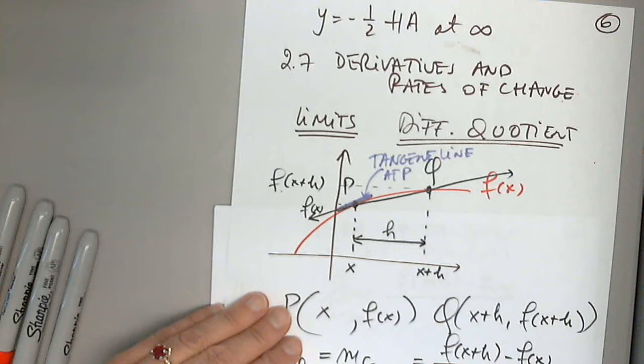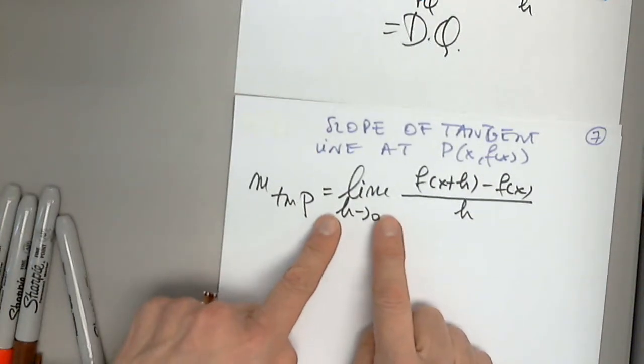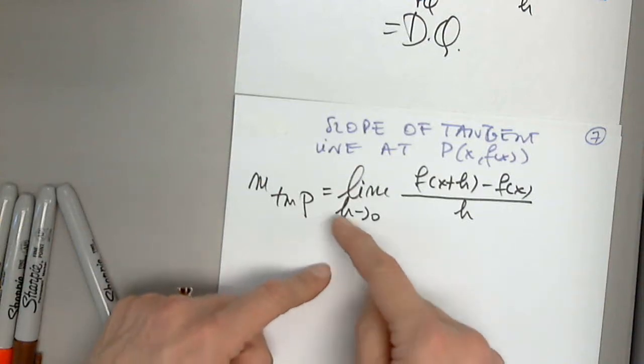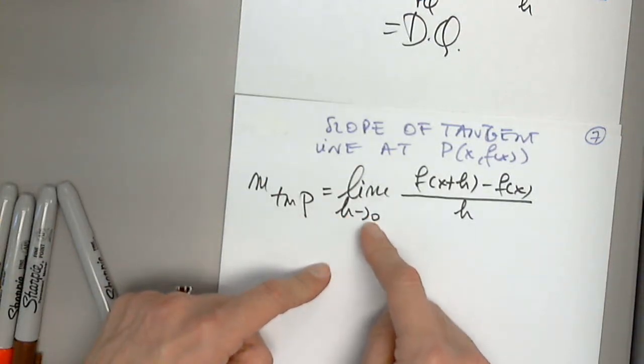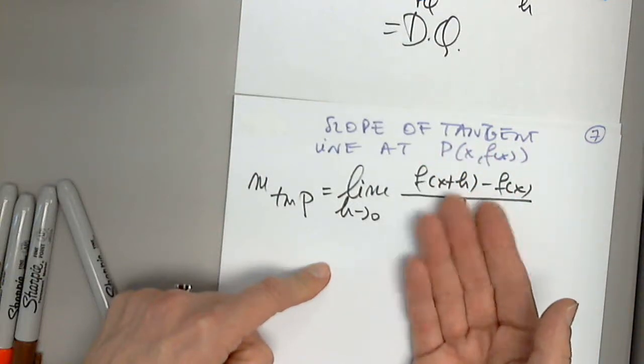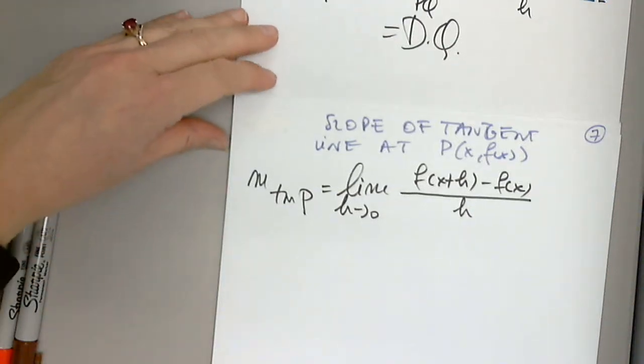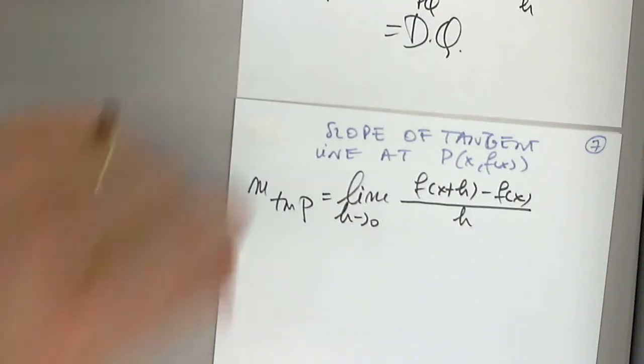We no longer write closer and closer because we have this limit operator. This is what this means. As h gets closer and closer to 0, the limit of the difference quotient will give us the slope of the tangent line at P. Any questions?